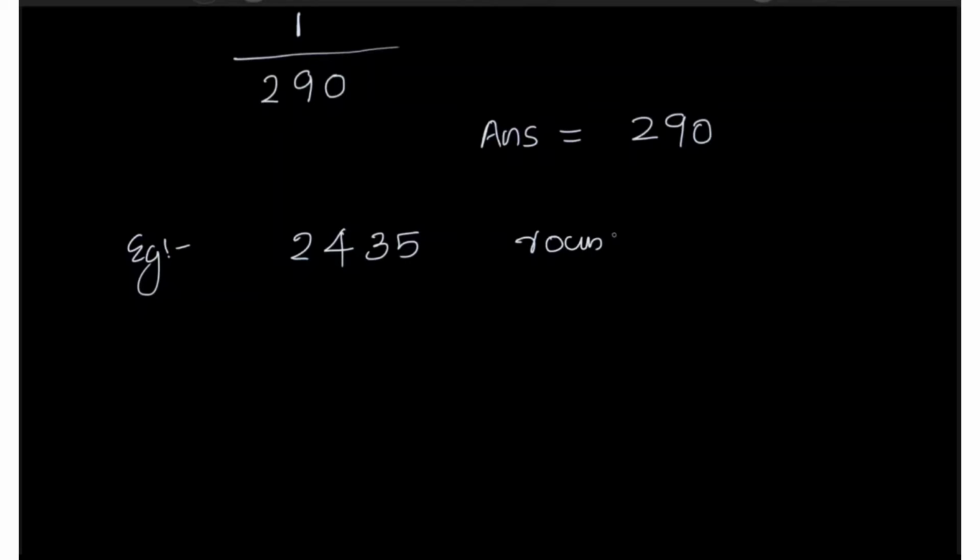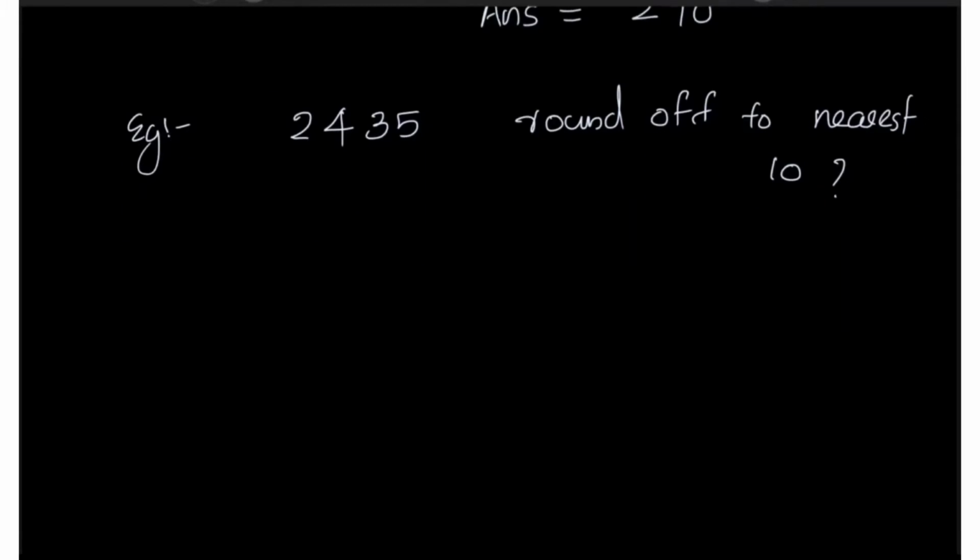Another example is 2, 4, 3, 5. Round off to nearest 10. Here again we rewrite our number, then round off to the 10th place. This is our 10th place, so we only check the very next right place, that is the 1's place, and that is 5 itself, and it is equal to 5.